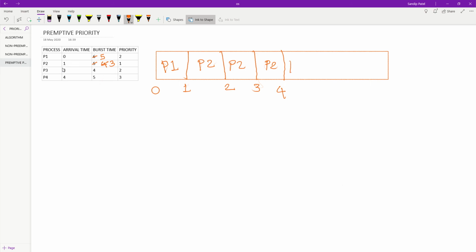We will complete the remaining time of P2. P2 now requires only 3 milliseconds. 4 plus 3 is 7, okay, 7 or 6.